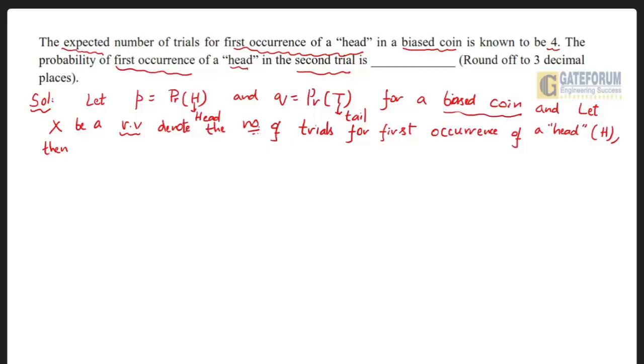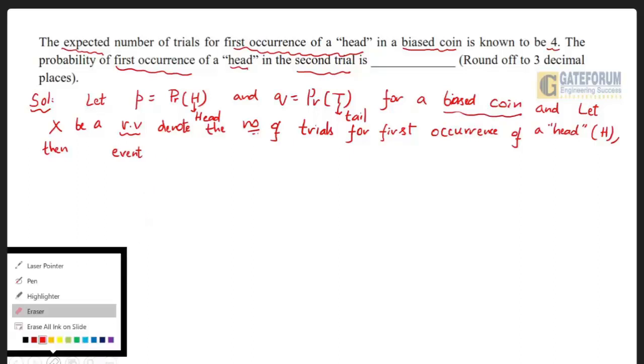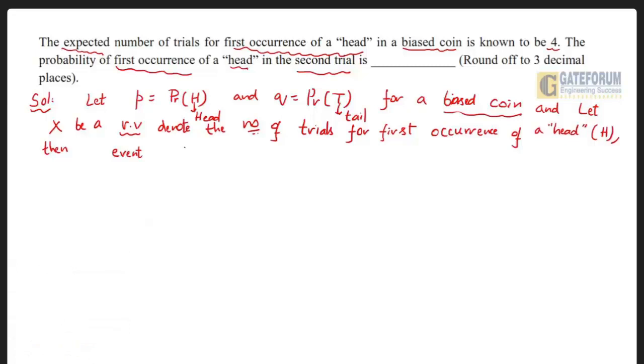Number of trials here, discrete random variable only. Event, capital X is equal to small x. Capital X value is denoted by small x, and P of small x, probability of this value.